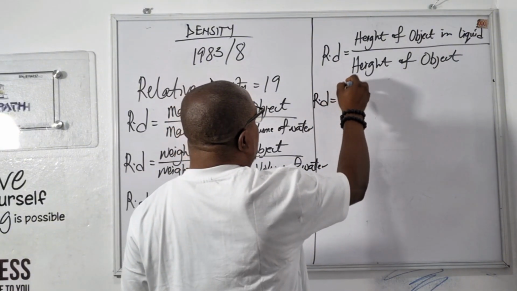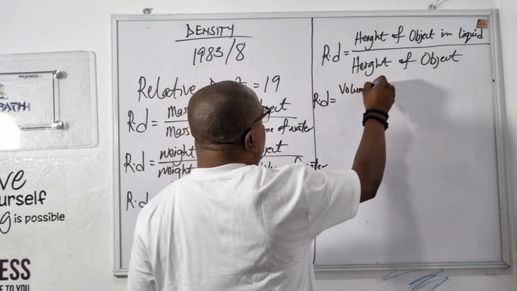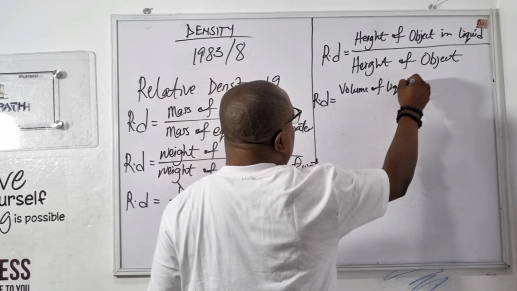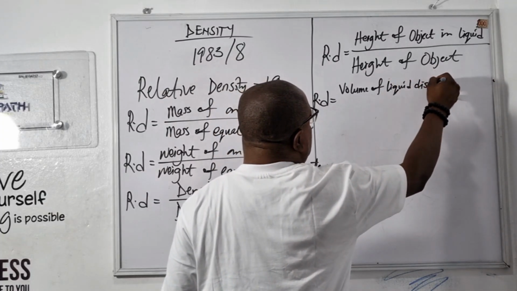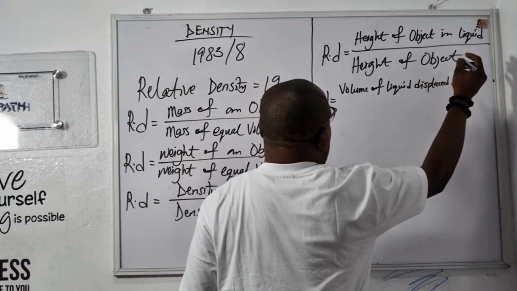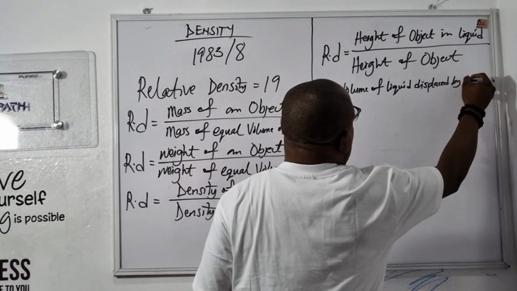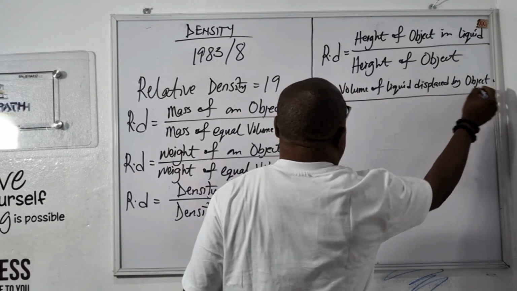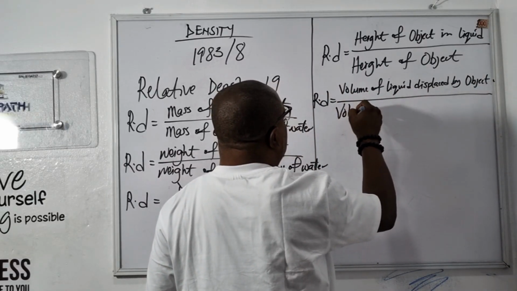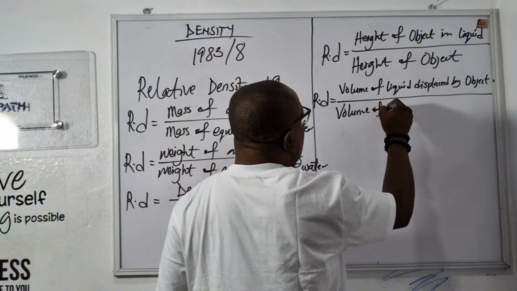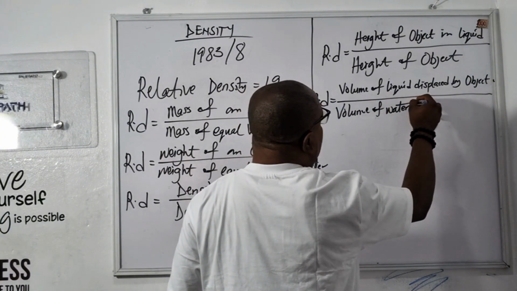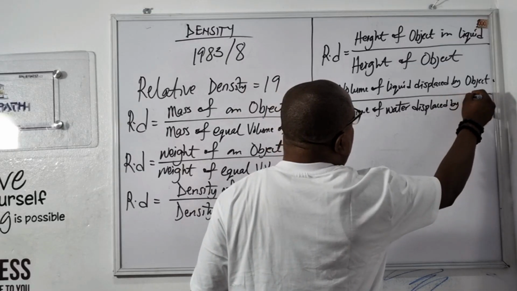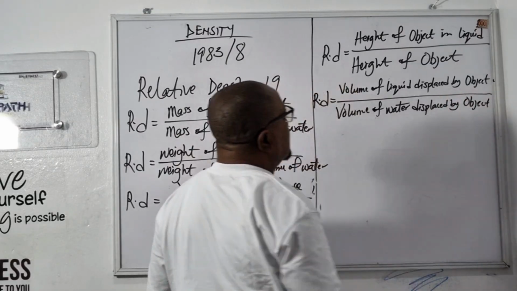Relative density is also equal to the volume of liquid displaced by the object over the volume of water displaced by the same object.